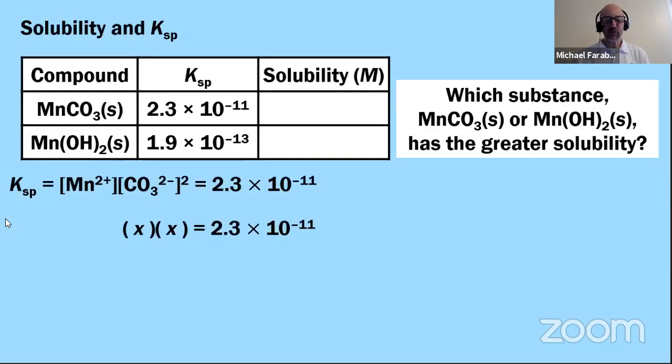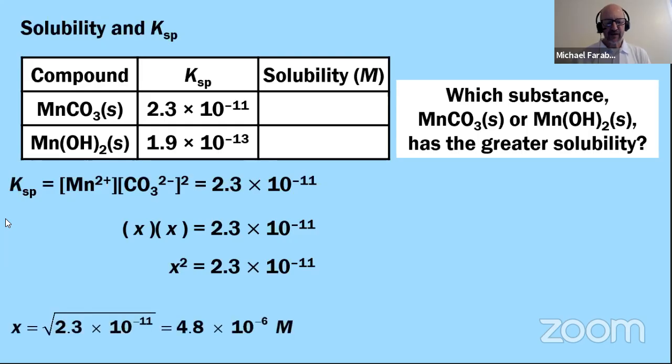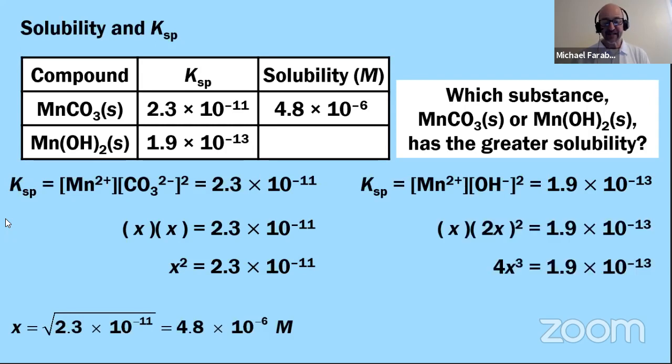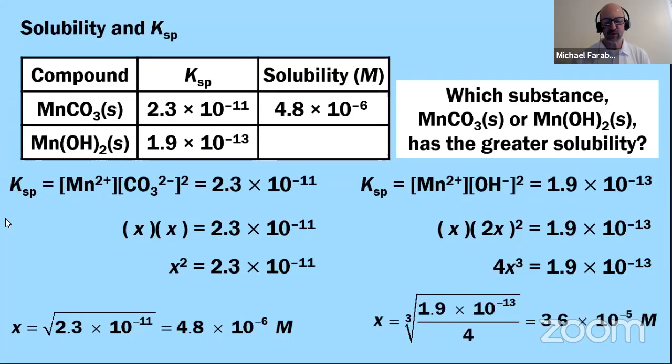When I take the square root of the Ksp for manganese carbonate, I get 4.8 times 10 to the negative 6. But I am not doing a simple square root for the Ksp of manganese hydroxide. In fact, I have to do what I did before for the lead chloride. Because of the x and the 2x and the 4x cubed that I get, I have to take the Ksp, divide by 4, and take the cube root.